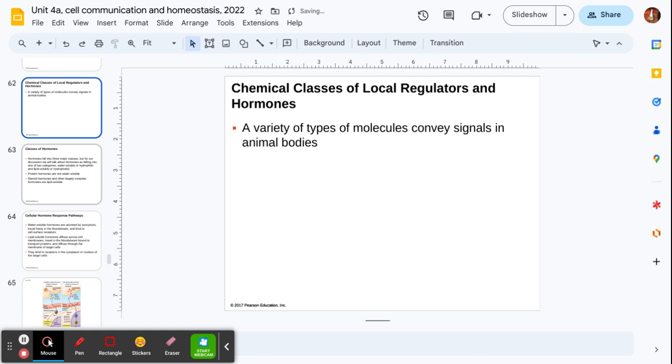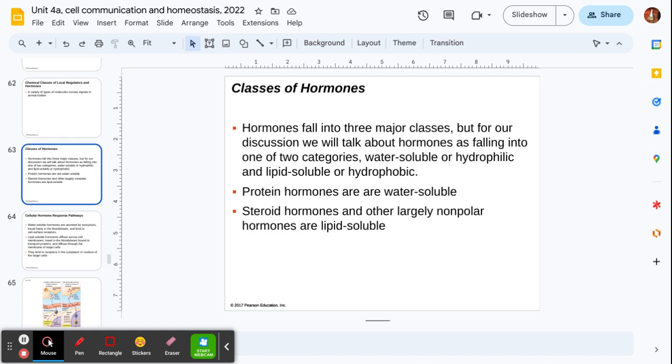Okay, now we're going to talk about the endocrine system specifically. And when we do that, we have to talk about the different kinds of hormones that there are. They fall into basically two major categories, which is whether or not they can get across the cell membrane on their own.